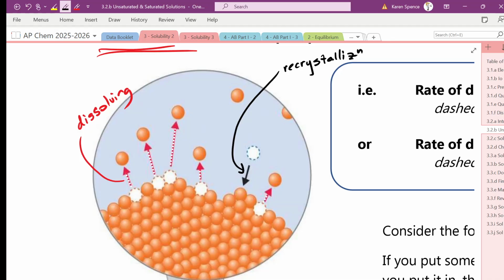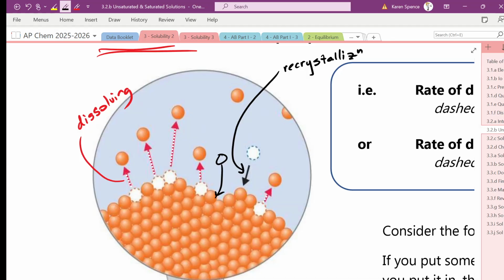Because this is a system where the moment you have stuff in the water, it can then reattach because it's an ion. It's going to be attracted to the other ions that are nearby. Yes? So you'll get dissolving and you'll get recrystallization, but the dissolving process is going to happen more frequently than the recrystallizing process.